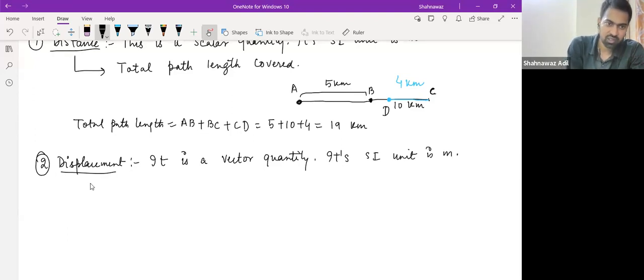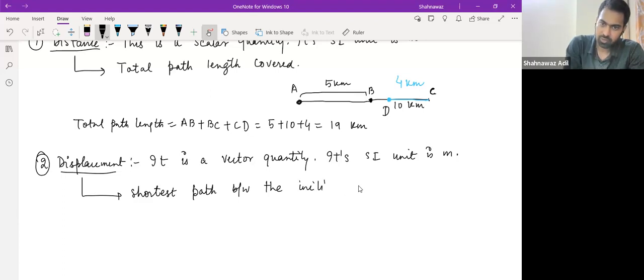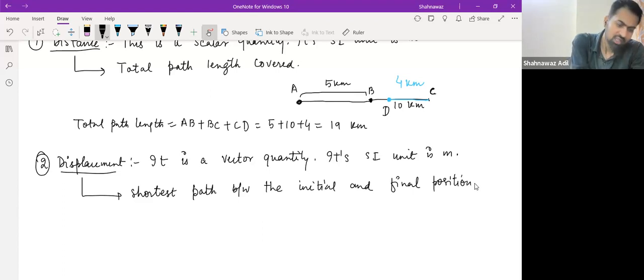And the definition is what? This is the shortest path between the initial and final position. Is that clear?